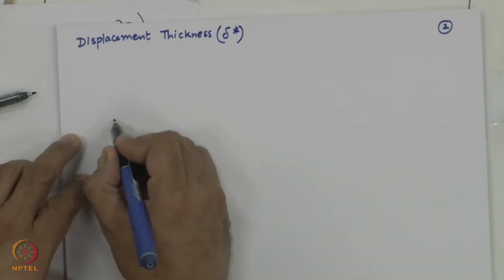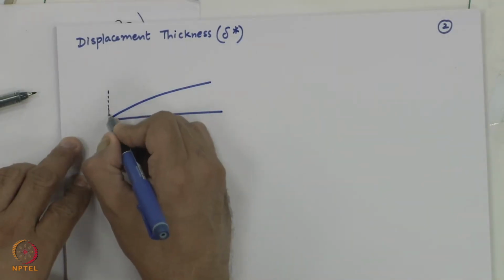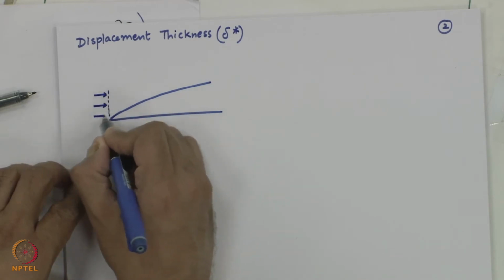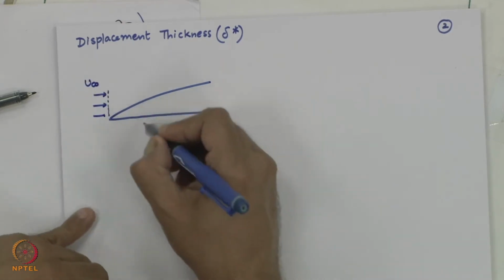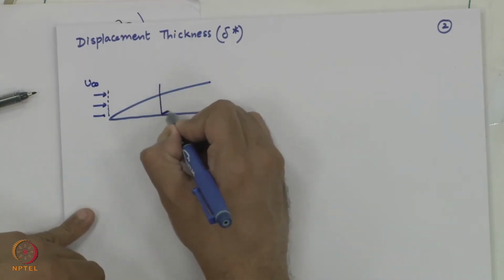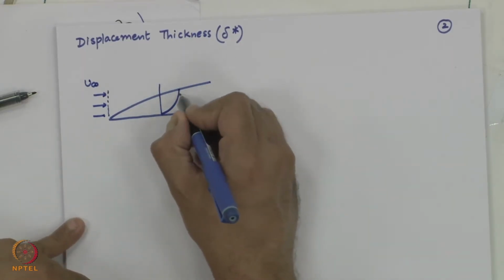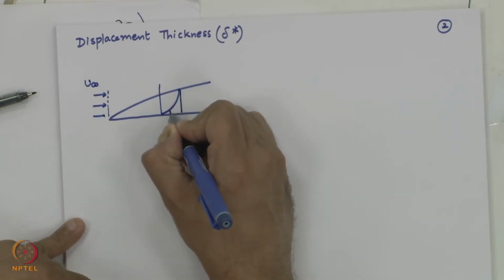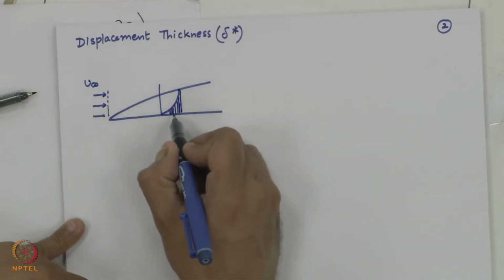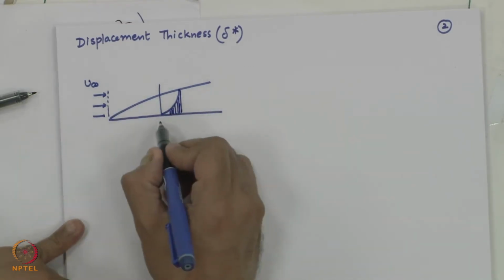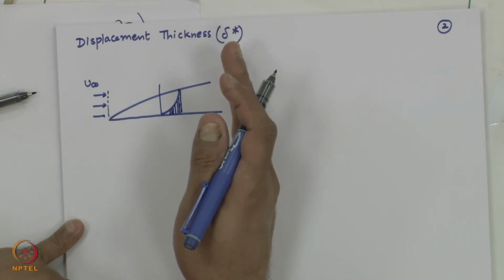So, if I take this boundary layer and apply conservation of mass to this control volume, u infinity is the velocity here, this is the velocity profile. This deficit in the mass, if the velocity was u infinity, this would be the mass that is going in, the mass that is coming out at a given cross section.